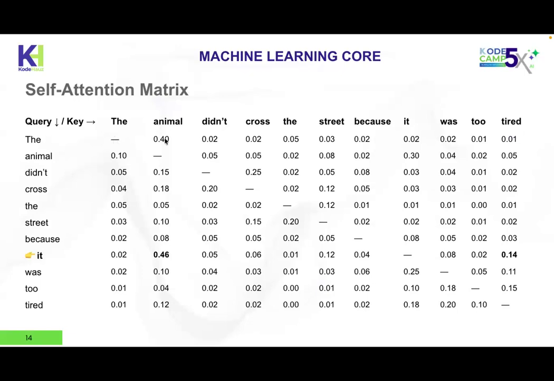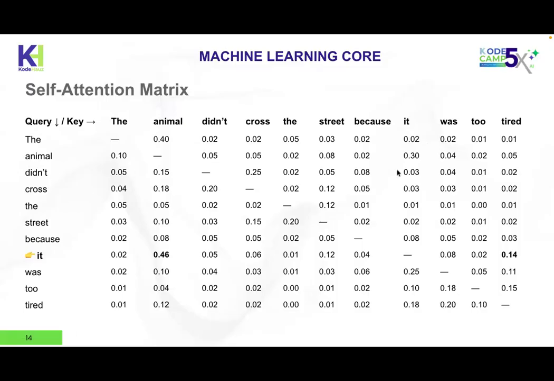So you could say, for example, for this word "the", this 0.40 is a measure of how "animal" affects the meaning of "the". This is very large because when you're talking about "the", you're always talking about what follows "the". The meaning of "the" is not really affected by these other words; it's affected more by the word "animal".